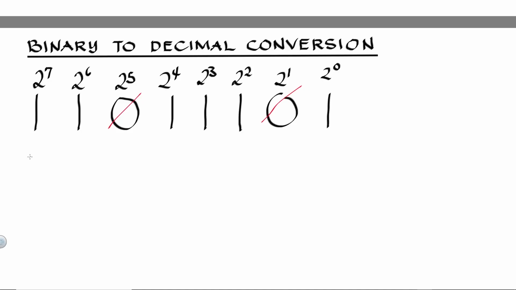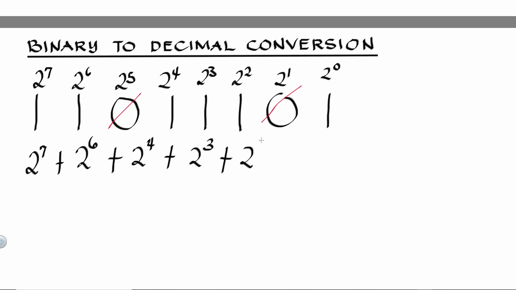1 times 2 raised to 7 is equal to 2 raised to 7, plus 2 raised to 6, plus 1 times 2 raised to 4 is equal to 2 raised to 4. 1 times 2 raised to 3 is equal to 2 raised to 3, plus 1 times 2 raised to 2 is equal to 2 raised to 2, and 1 times 2 raised to 0 is equal to 2 raised to 0.